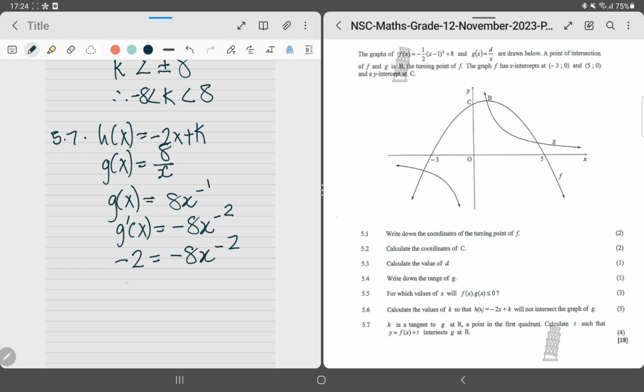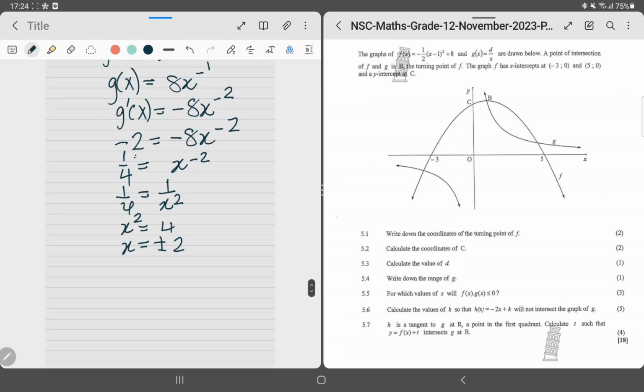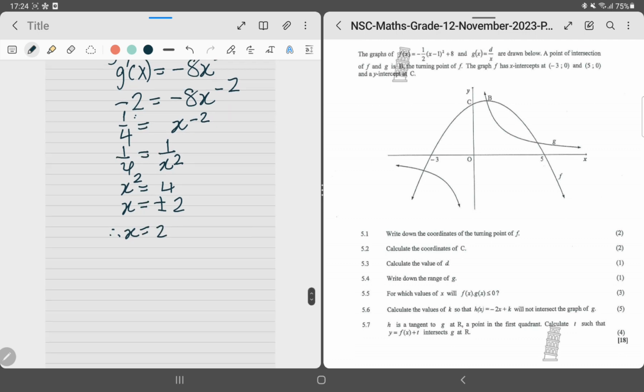So this is negative 8 over x squared, equal to negative 2. So 1 over 4 should be equal to 1 over x squared. So we can just say x squared should be equal to 4. So x should be equal to plus minus 2. But in the first quadrant, x should be equal to 2 because x is positive there.